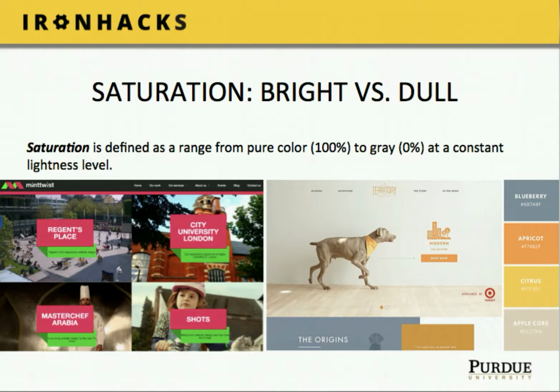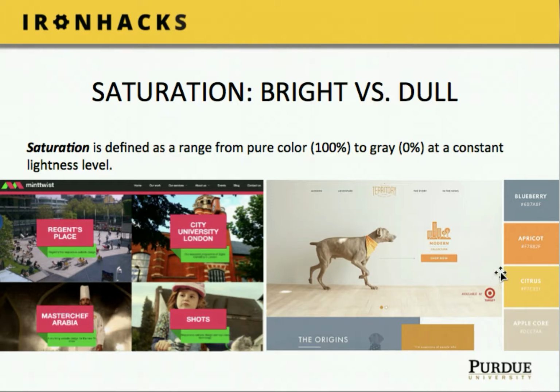So colors can have variable levels of brightness or dullness. Here we have an example of a website that uses very bright, vibrant colors. And the contrast between those colors grabs our attention to the four shapes on this site, and away from the background images that are only there to provide us some context.